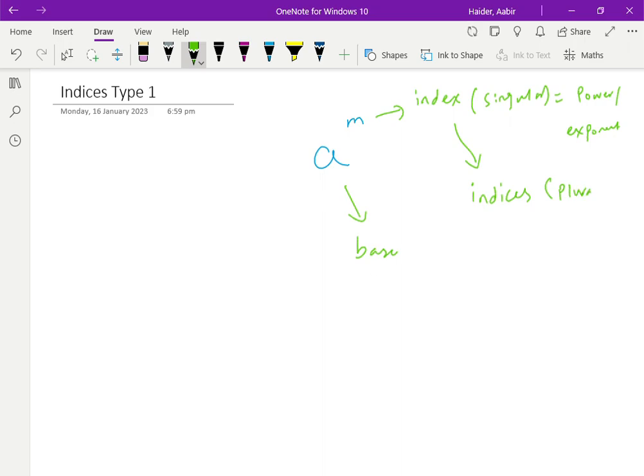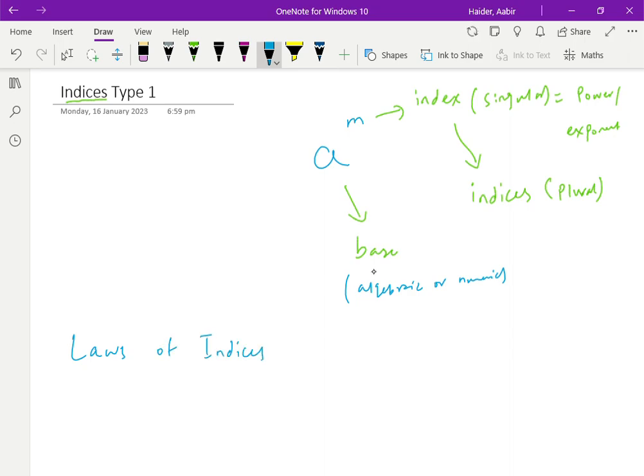So hence the name of this particular topic here, indices comes from index, which is power or exponent of any base. Base can be algebraic or numeric, doesn't matter, right? But we will look at certain laws of indices first in order to keep going.